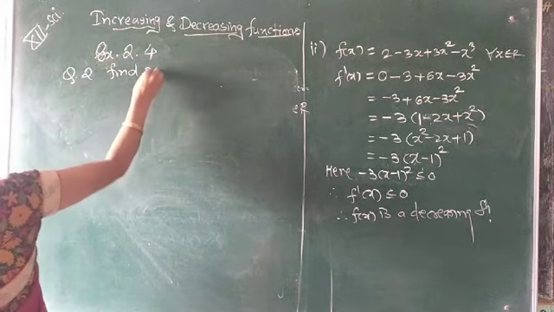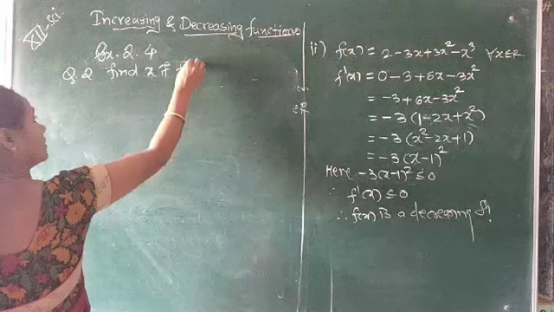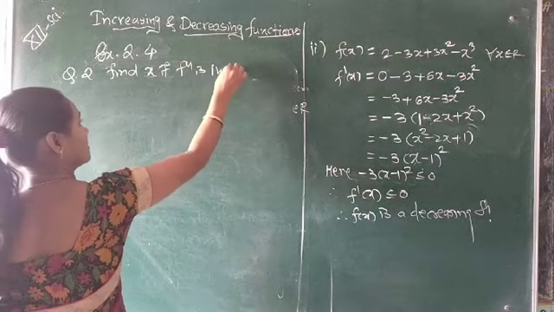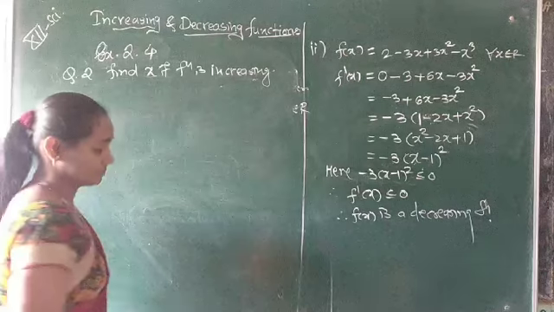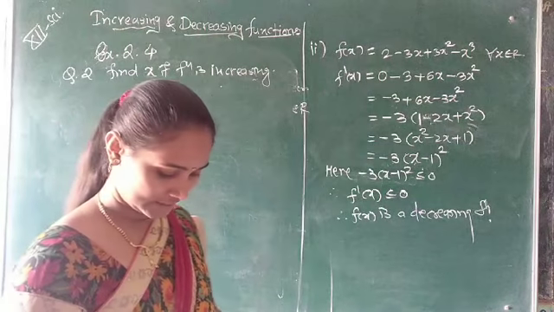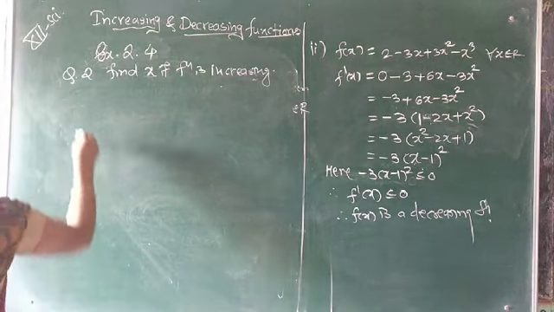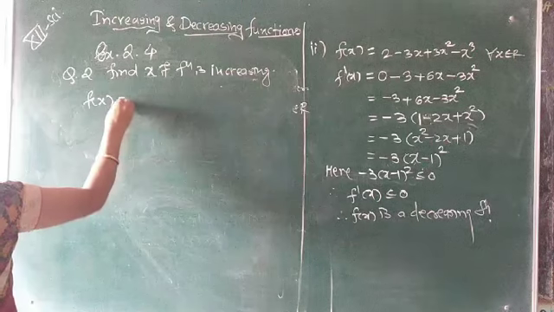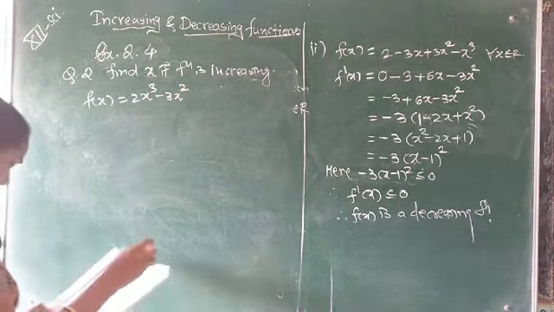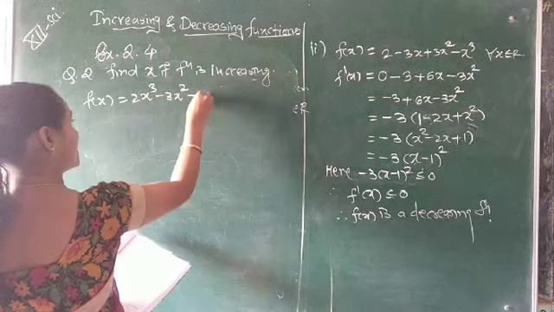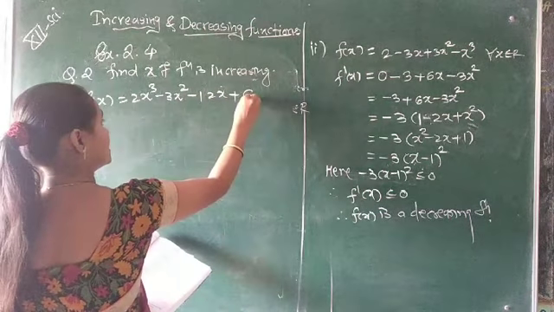Find x if the function is increasing. f of x is equal to 2x cube minus 3x square minus 12x plus 6.